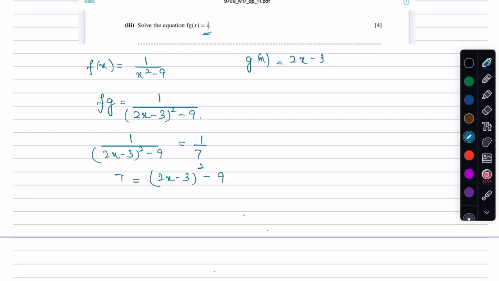Taking negative 9 to the left side becomes 7 plus 9, giving me 16, which equals (2x minus 3) the whole squared. If I take the square root of 16 to eliminate the square, this becomes plus minus 4, which equals 2x minus 3.